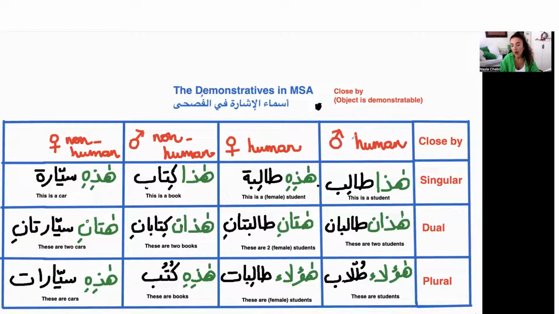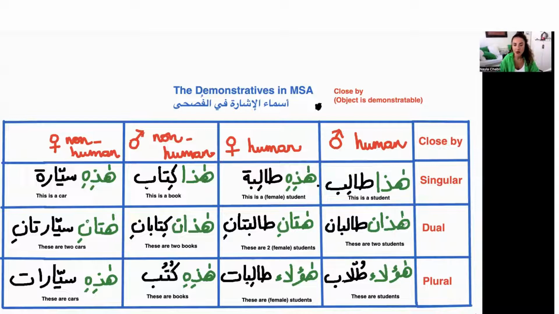Also, whether our object, which we are pointing at, is human or non-human. What is also important is whether our object is singular, dual, or plural. This will affect which demonstrative we use.